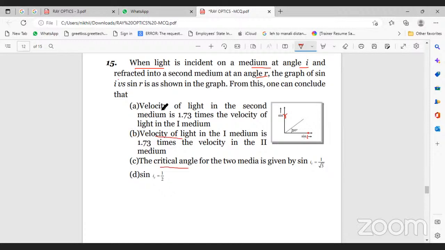The other options are talking about the velocity of light. Can you tell me what is tan 30 from the diagram? From the graph? What is tan 30? Opposite by adjacent, right? Yes, sir. So what is opposite here?